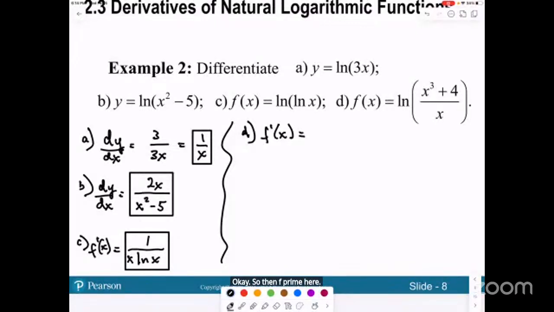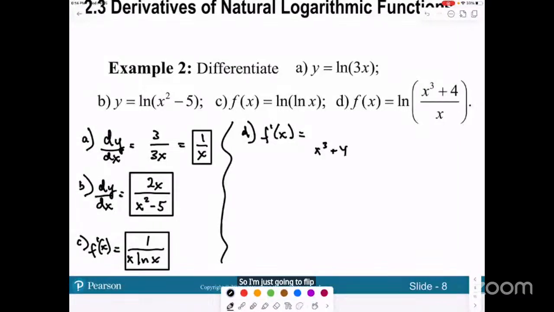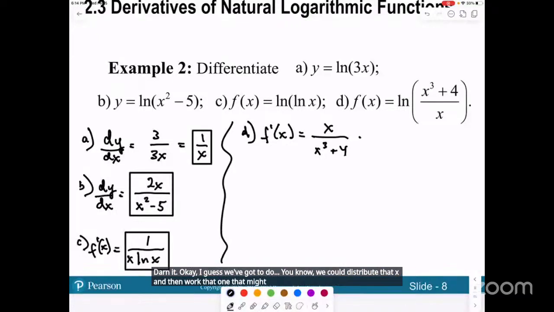Okay, so the denominator, I guess you can flip it. If the inside function was in the denominator, keep change flip. When you have one fraction divided by another, I'm just going to flip that fraction like this, and then f prime. Okay, I guess we could distribute that x and then work that one, but I think I'm going to just go ahead and do the quotient rule.